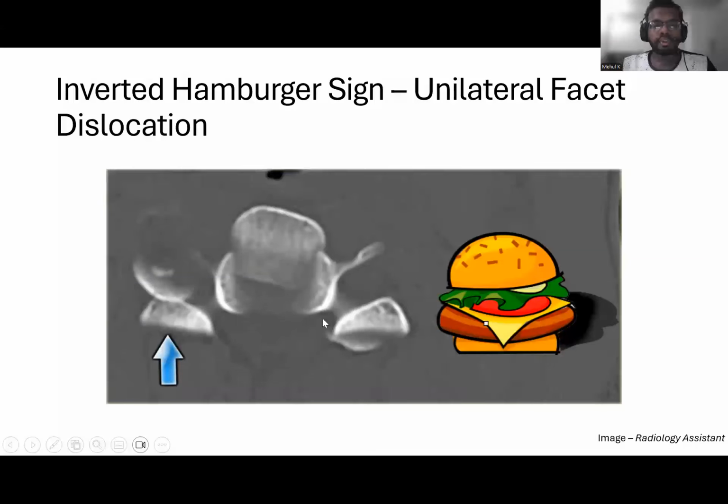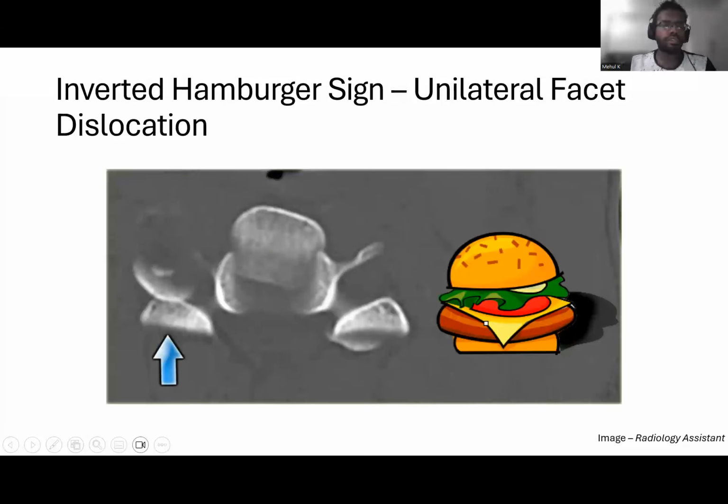In the axial view, you can see on the right side here, which is not labeled, the normal hamburger sign of your facet joints. That is a normal thing. Whereas the blue arrow is showing your abnormal inverted hamburger sign. So the normal hamburger has been inverted. This is abnormal and indicates facet dislocation.